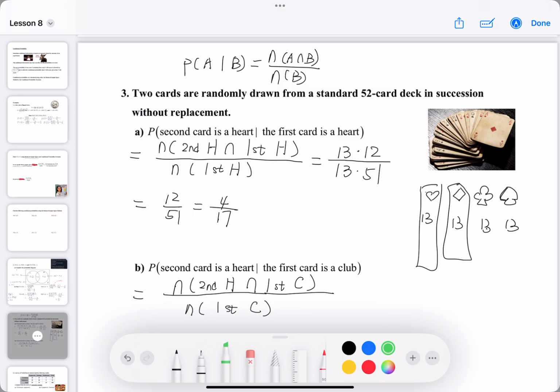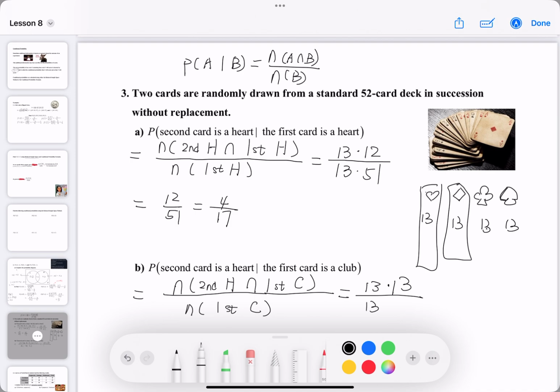Okay, let's see this. So the top first card is a club. Let's choose a club from 13 cards. First draw, I'm going to have 13 different outcomes. And then second time, my second card is a heart. So I'm going to choose one card from 13 cards because that's a heart. So let's put 13. Denominator, the first card is club.